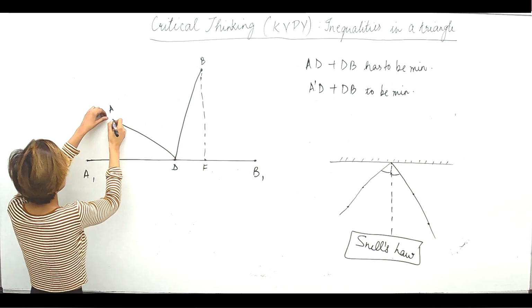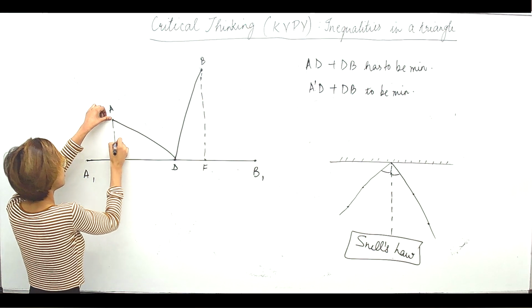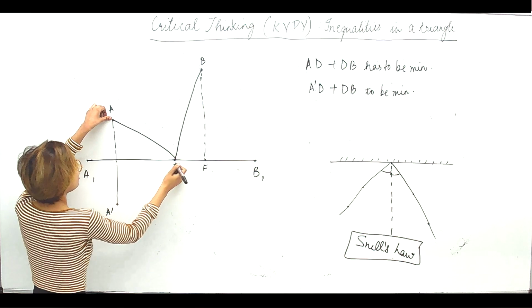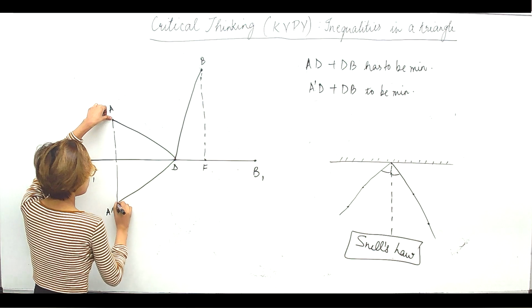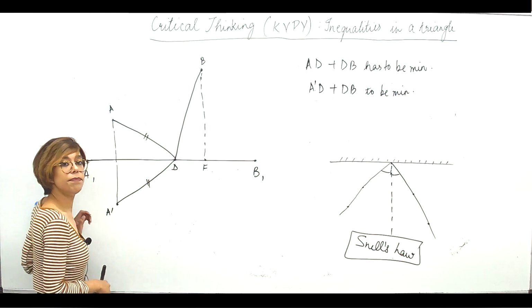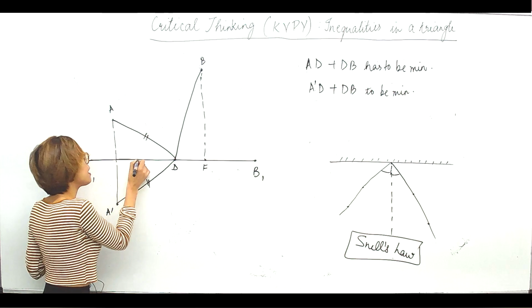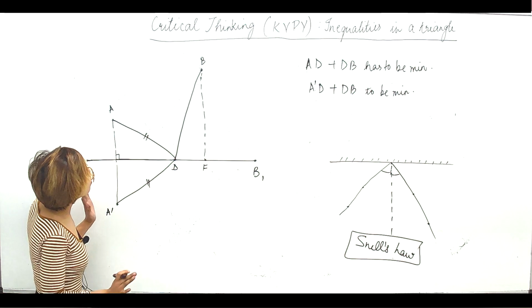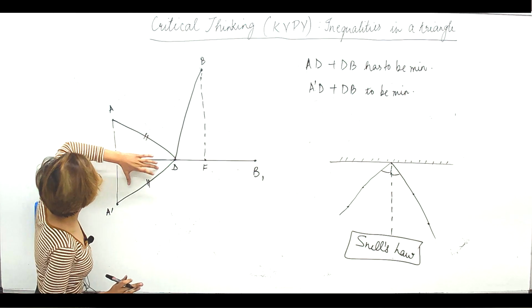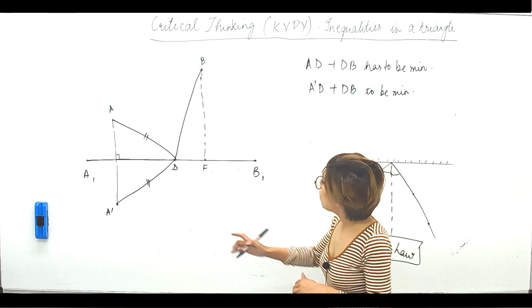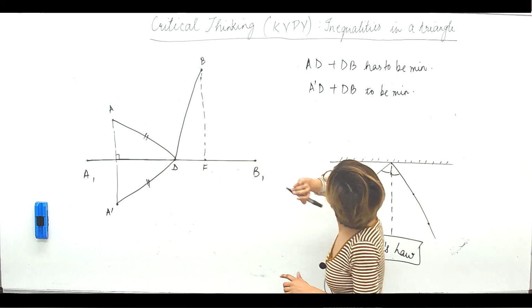So what I did was, I took the reflection of A in this line. This point was A dash D. If I join D and A dash, I can see that these 2 lengths are equal. This is equal, common side, the included angle is 90. What I need to do is, I need to make sure that this plus this is minimum. So A dash D plus DB, minimum.